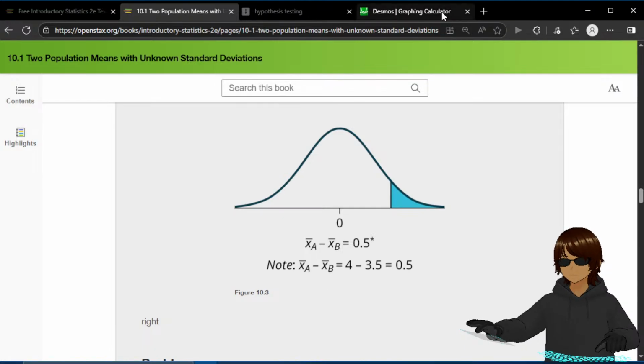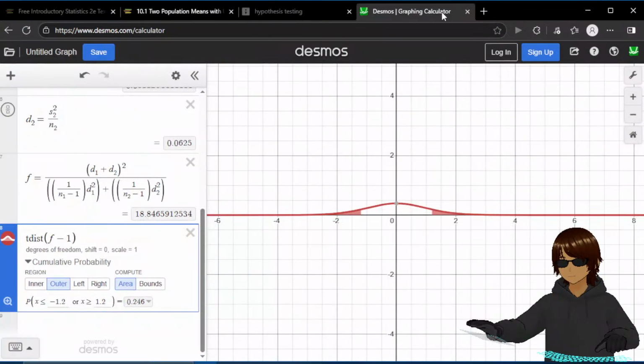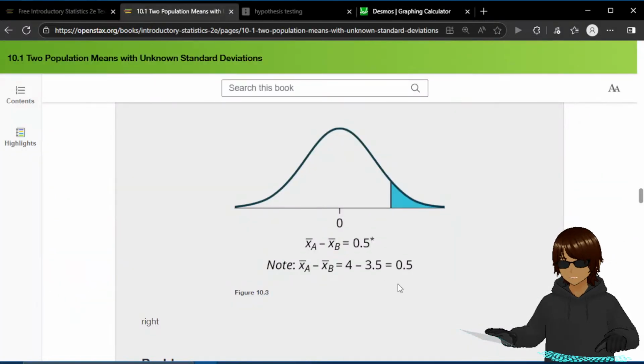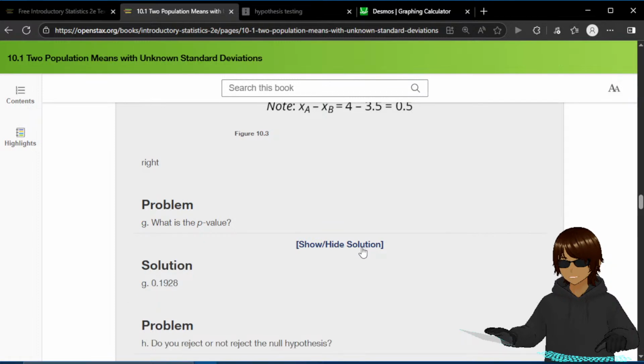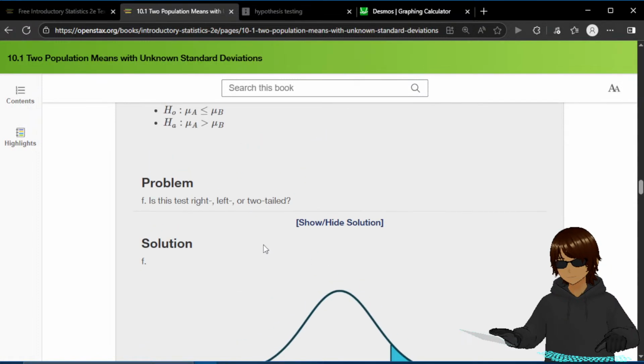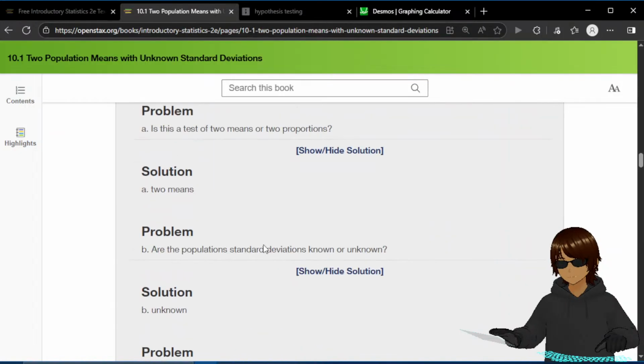We have to divide it by the standard deviation, right? The p-value is 0.5, right? 0.1928. How?